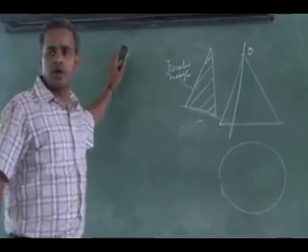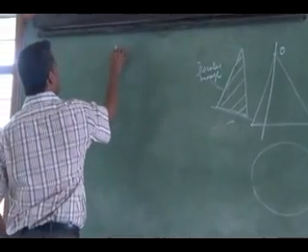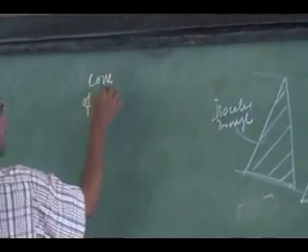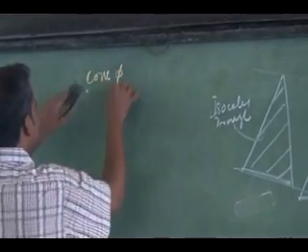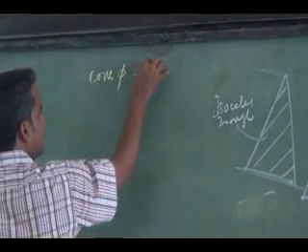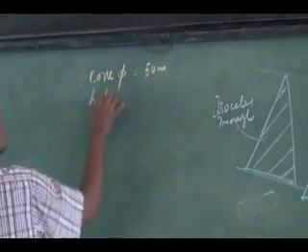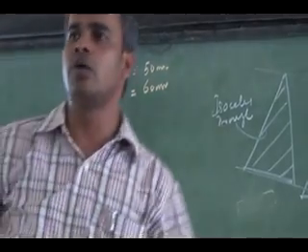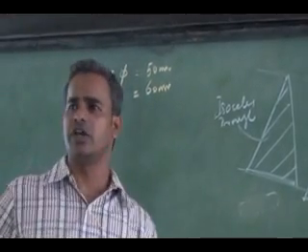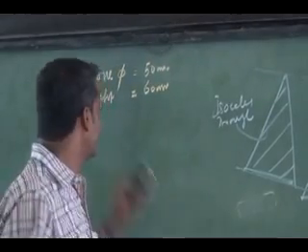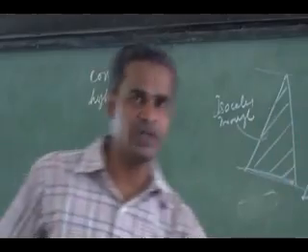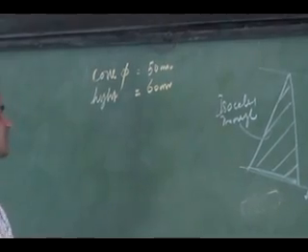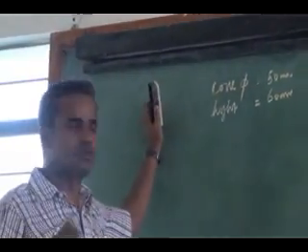A cone of base diameter 50 mm and height, that is altitude, 60 mm is kept vertically on the ground, with its axis perpendicular to HP, resting on its base.